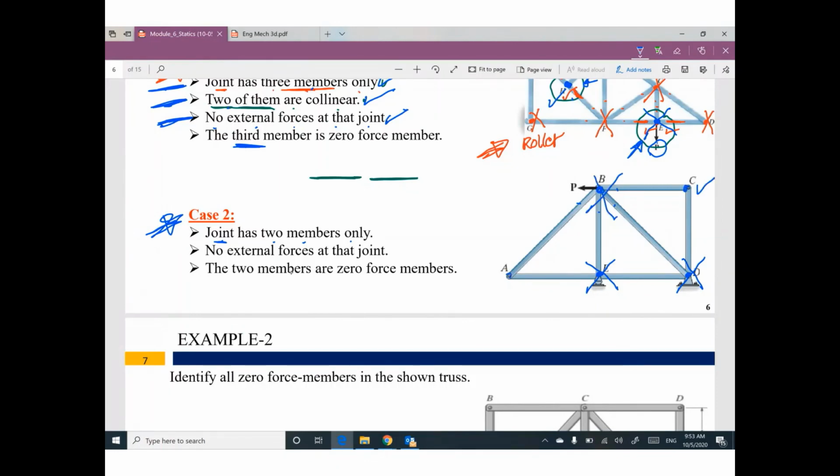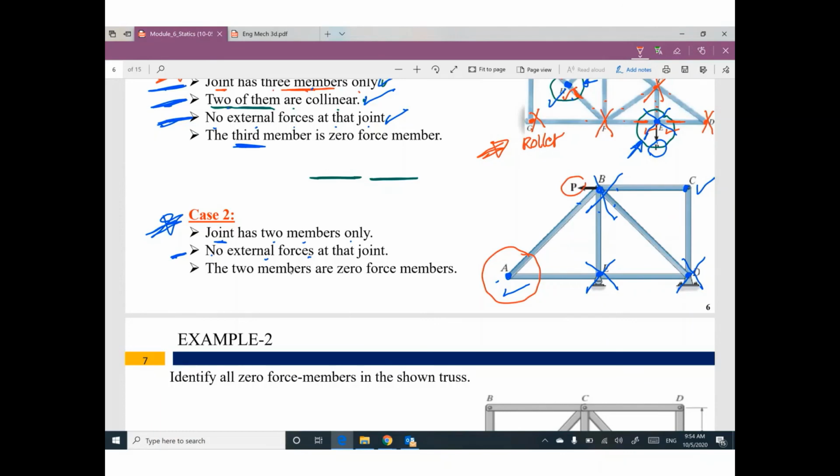So I believe probably I didn't take a decision. Probably this one or this one. Go ahead for the second condition. No external forces at that joint. Do you have any external forces here? Like P or something like this? No. This one is still working.